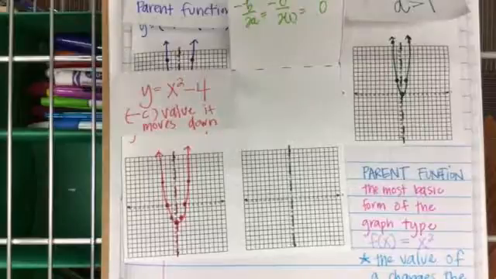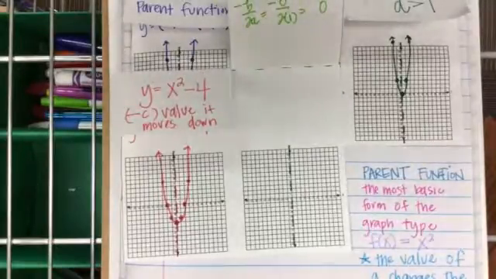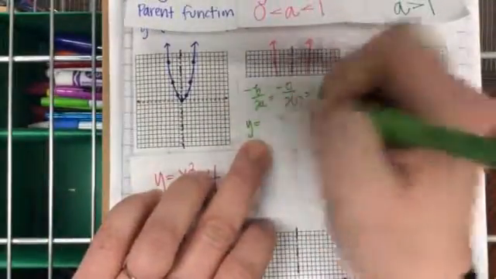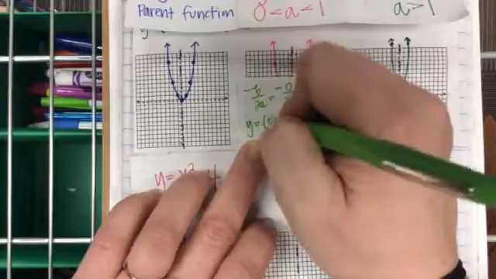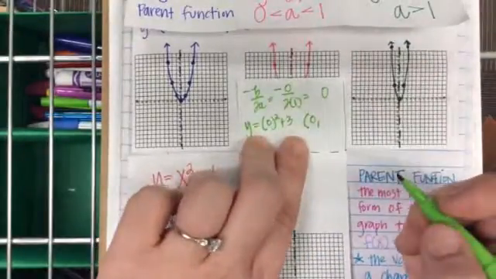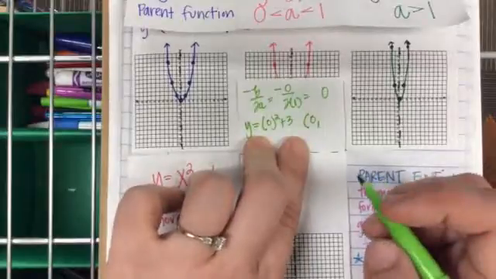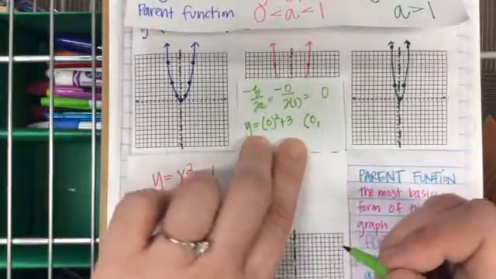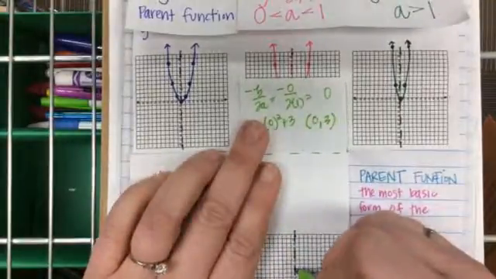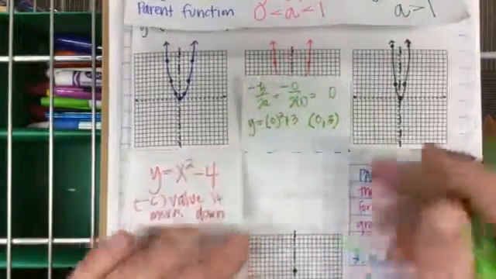No. The vertex depends on the problem. You have to substitute to figure out the vertex. y equals 0 squared plus 3. So my vertex is at 0, 3.